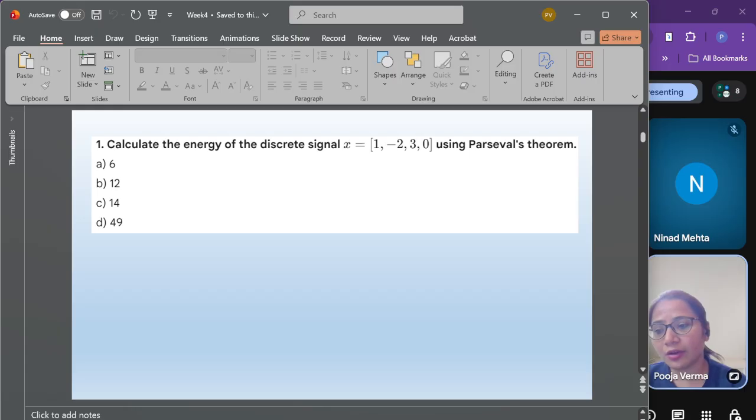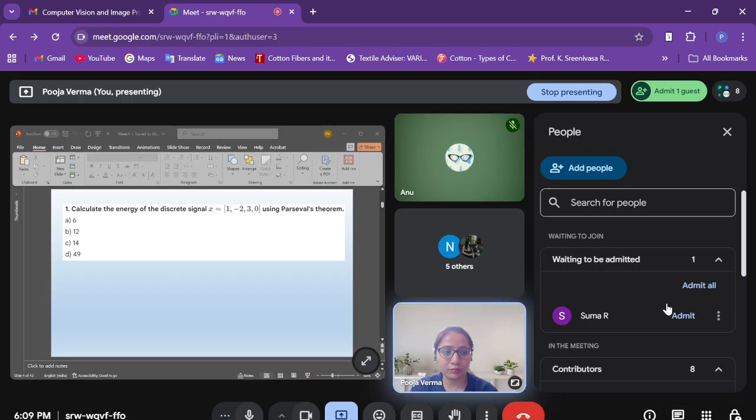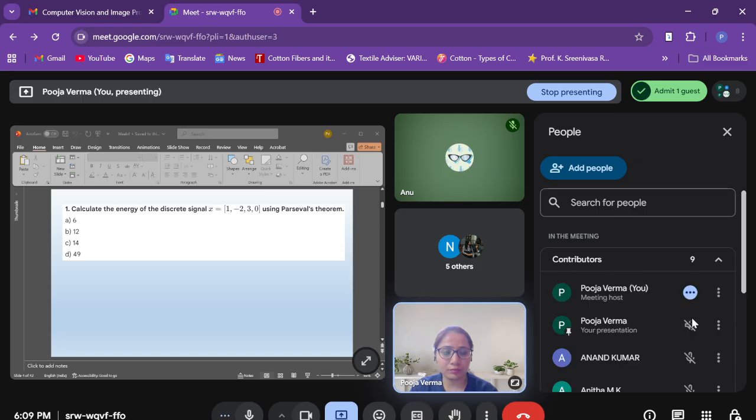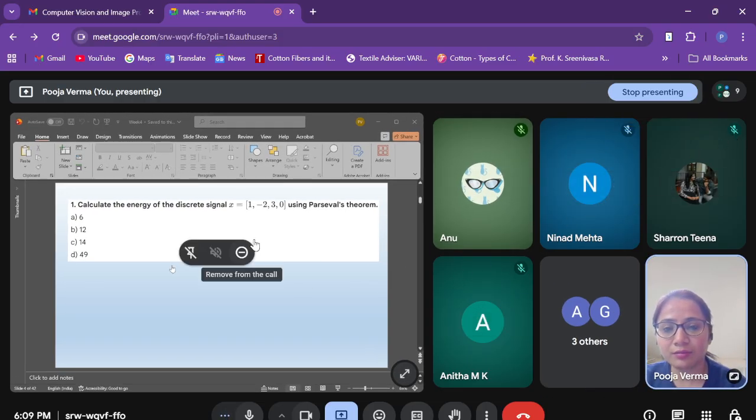Can anyone tell me what Parseval's theorem is? Can you calculate the energy of the discrete-time signal using Parseval's theorem?